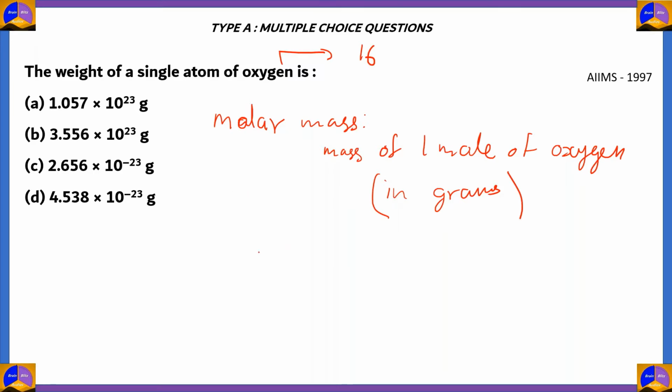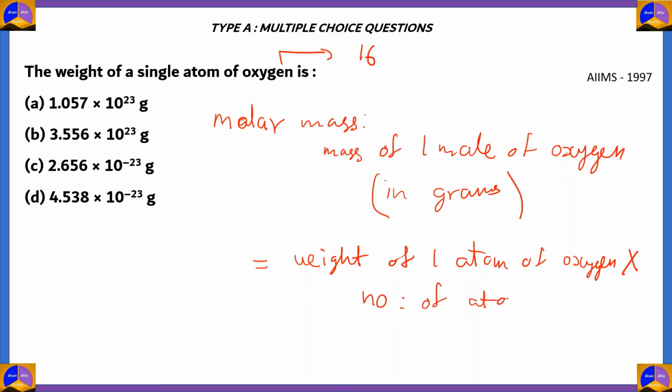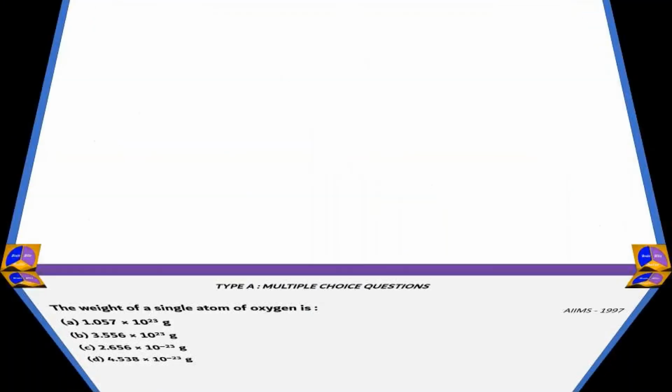So it can be calculated as weight of 1 atom of oxygen times number of atoms in 1 mole of oxygen. So that is molar mass. Therefore, we can find the weight of 1 atom of oxygen.